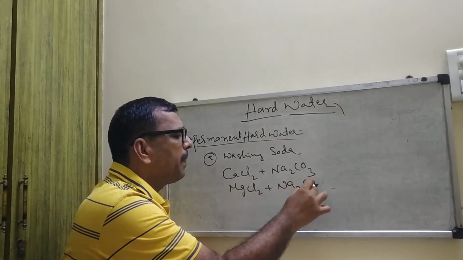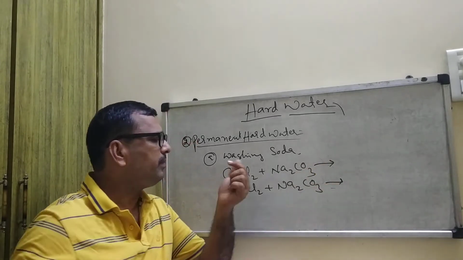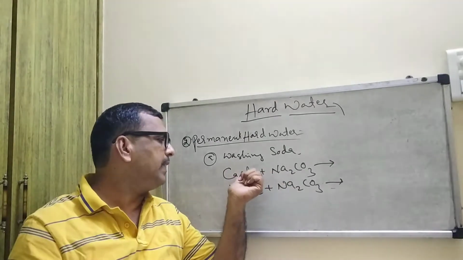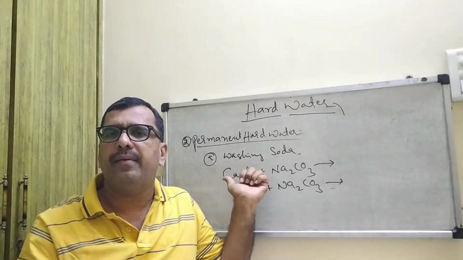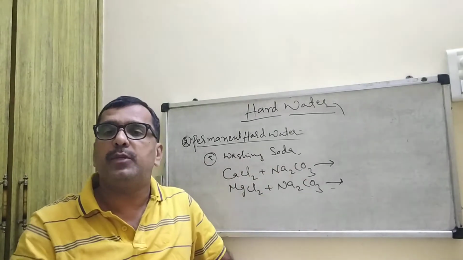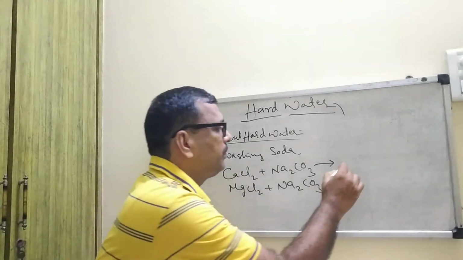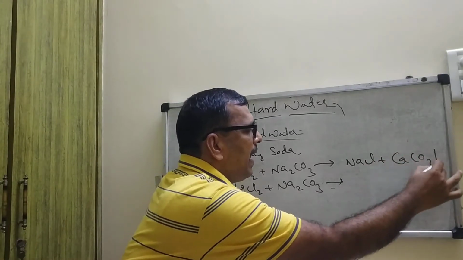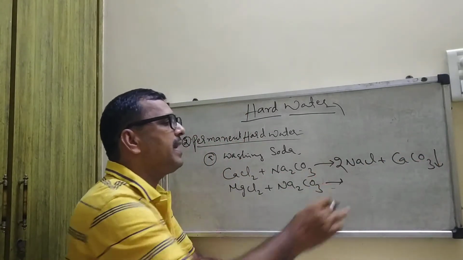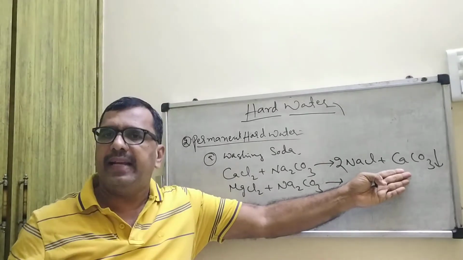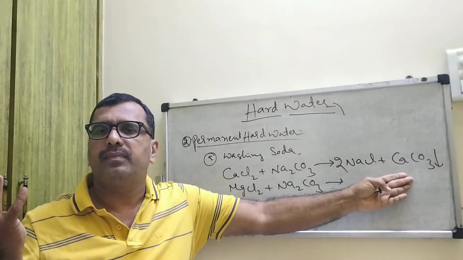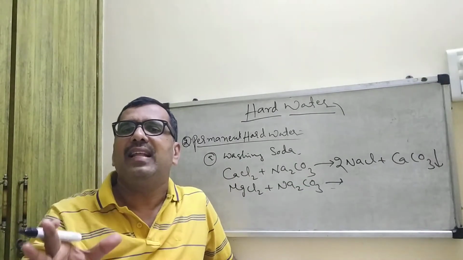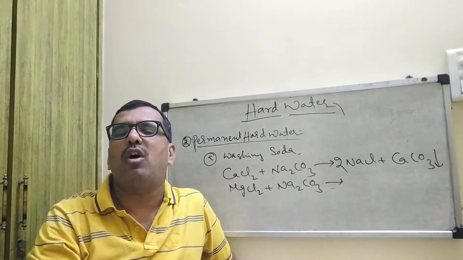By the addition of washing soda to calcium chloride or magnesium chloride, we form the respective chlorides, sodium chloride plus calcium carbonate, and it settles down at the bottom of the container. It can be removed from that water and finally that hard water will become soft.